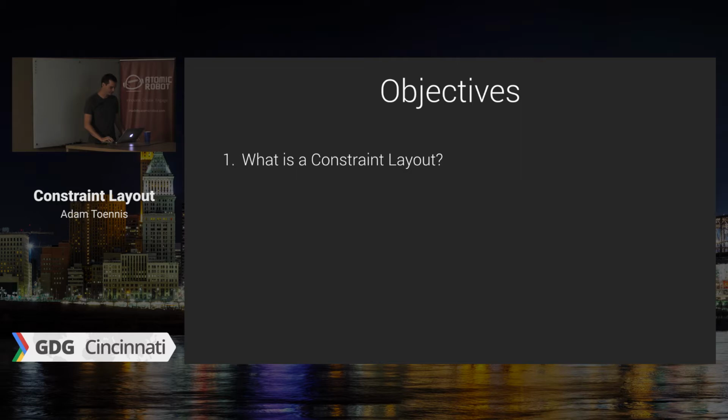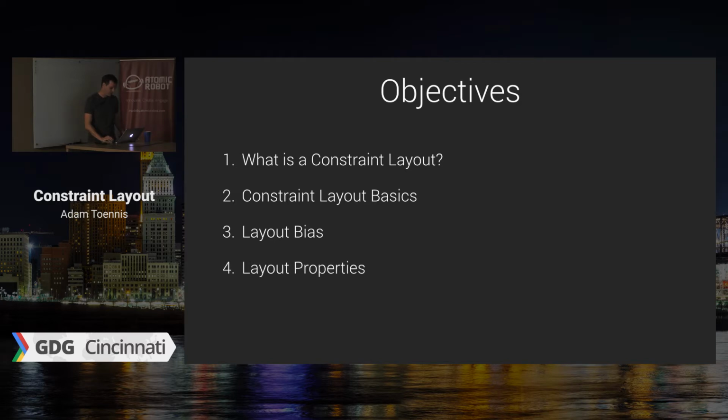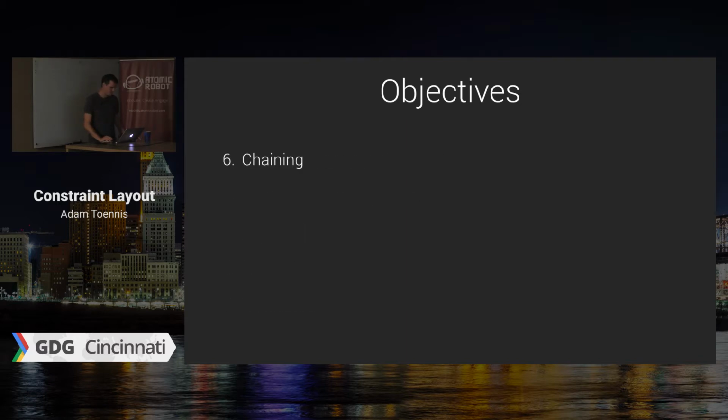So we'll talk about what a constraint layout is, some constraint layout basics, layout bias, which I'll get into in more detail in a little bit, some layout properties, and guidelines, which help you with constraints. View chaining, which is a little bit more intermediate, I would say, but it's a useful concept to understand.